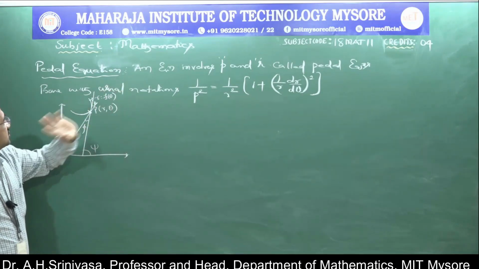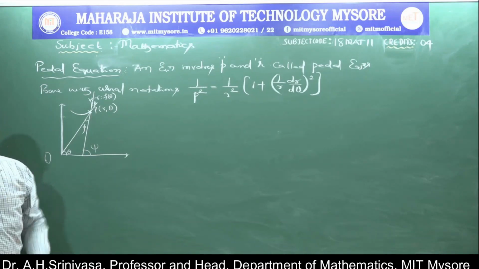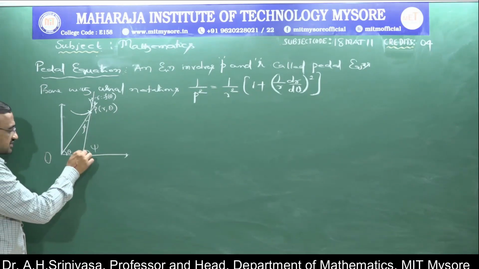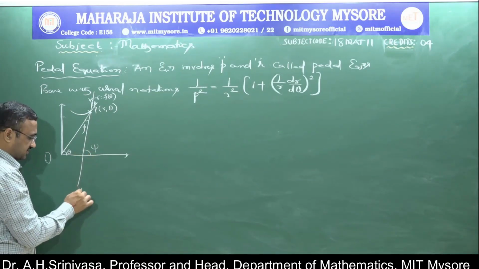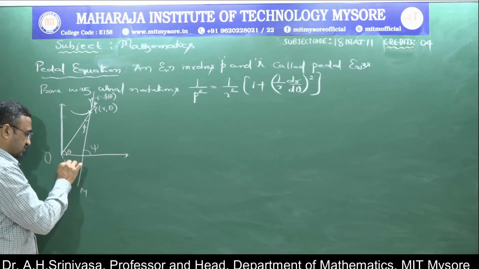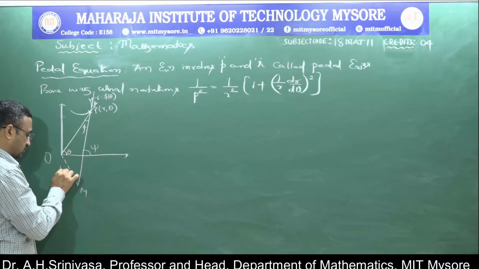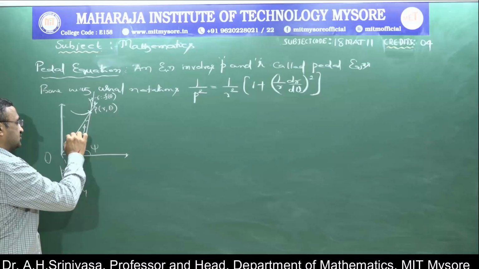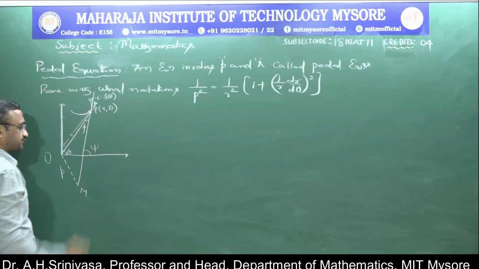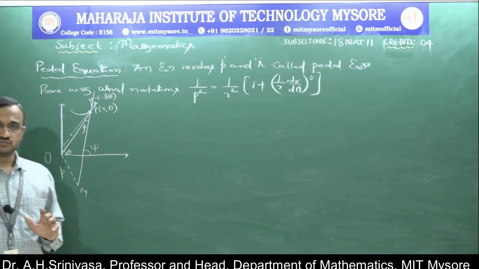Here they asked for the length of the perpendicular from pole to tangent. I extend this tangent, call this point M, and draw a perpendicular line from the pole to this tangent. Now call this one small p. This is your radius vector, small r. This is the figure we are going to write down now.